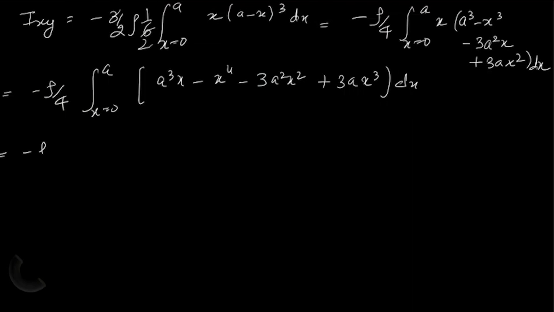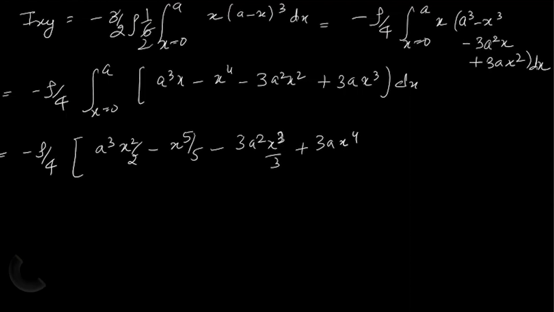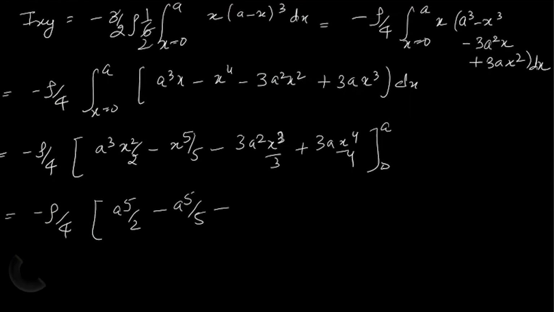So let's integrate with respect to dx now. So this is a cube x squared by 2 minus x5 over 5 minus 3a square x cube over 3 plus 3a x4 over 4. So 0 to a. So let's put the limits. So minus rho over 4, a5 over 2 minus a5 over 5. So we can cancel these 3. So minus a5 plus 3 over 4 a5.